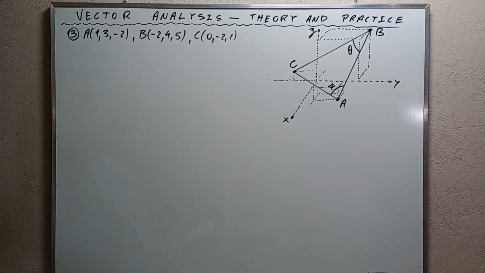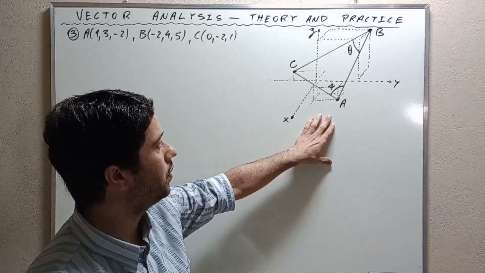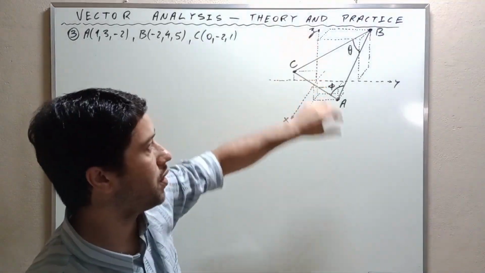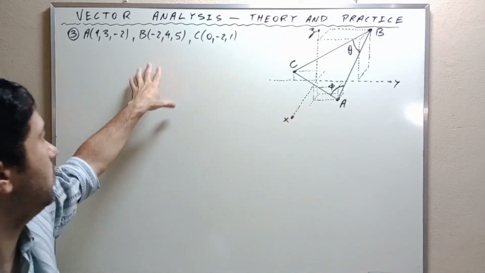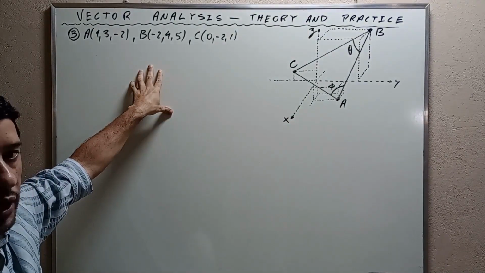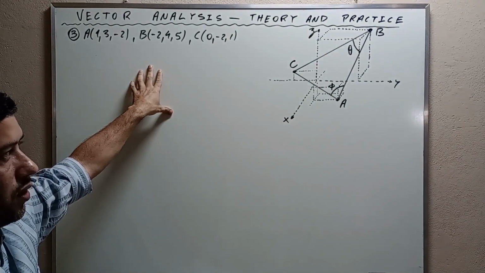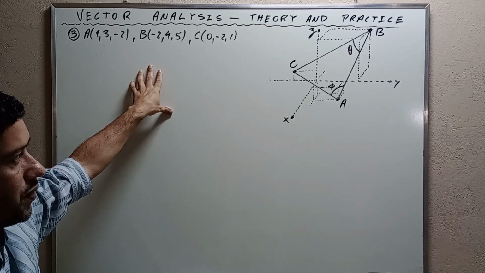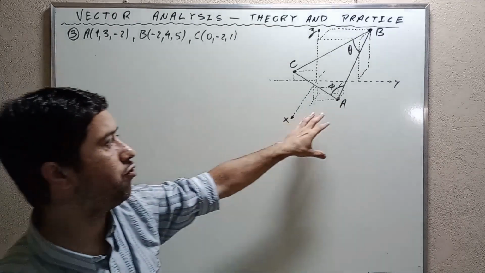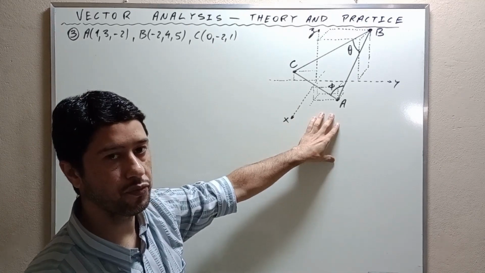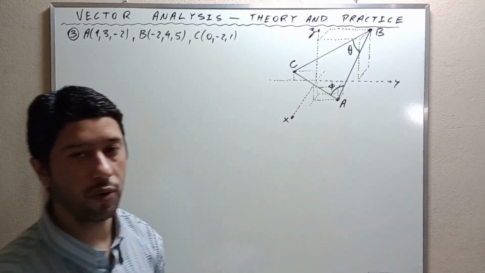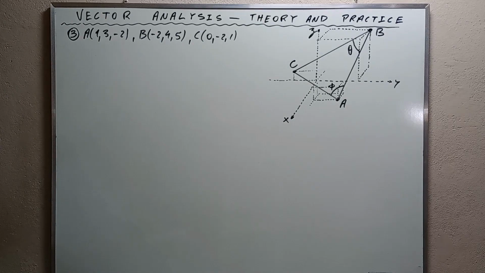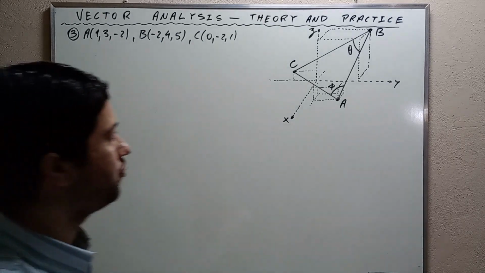Firstly, you're going to plot the triangle to have a visual understanding of the problem. This is what I did here. The problem didn't give the triangle. The problem simply gave the points. But for a better understanding of the problem, I decided to plot the triangle so we can see what we're doing.